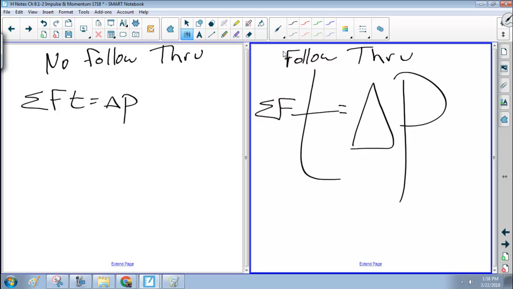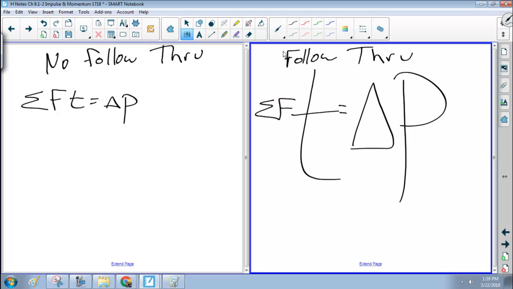In terms of equations, I always think of impulse equals force times time as the cause. Like, how do you cause a change in momentum? Well, you have to exert a force for some time, right? What's the effect? What's the result? What's the other equation?